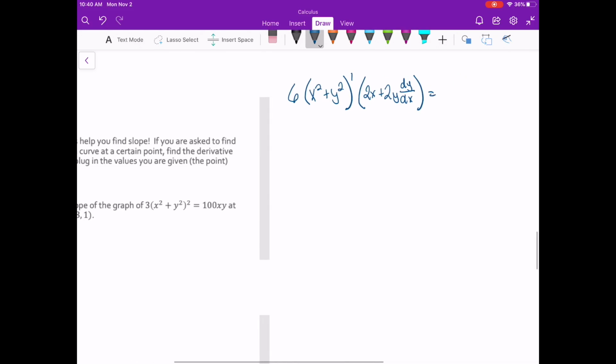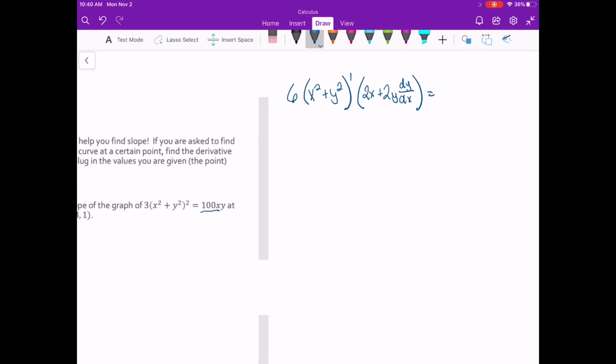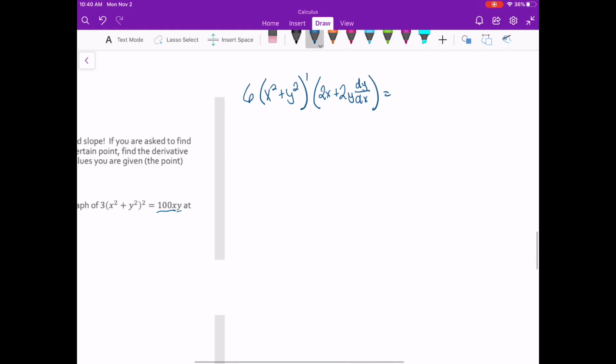Equals 100xy, so we have a product rule. So we have 1d2 plus 2d1. I'm going to go and find all of my things that have a dy dx with them, get it all on one side, get rid of the rest of it.